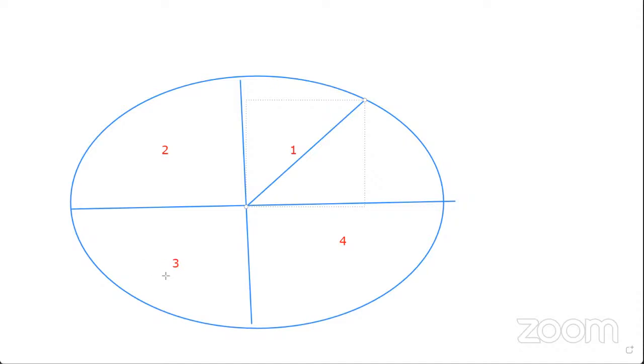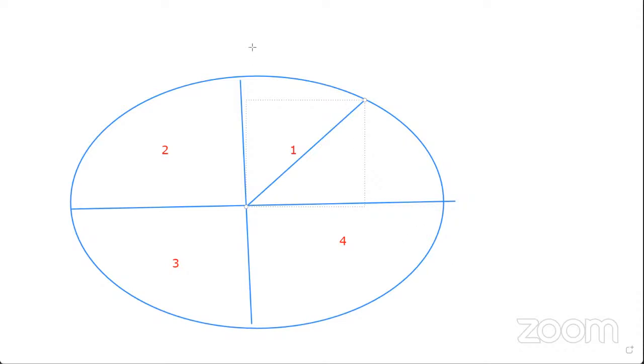If it is located in the third quadrant, we call it a reflex angle. And if it comes to the fourth quadrant, we call it a complete angle. Those are the basics we have discussed.